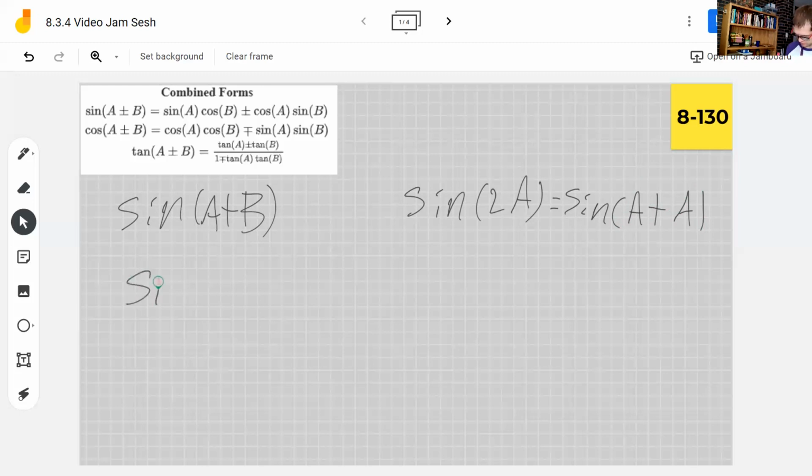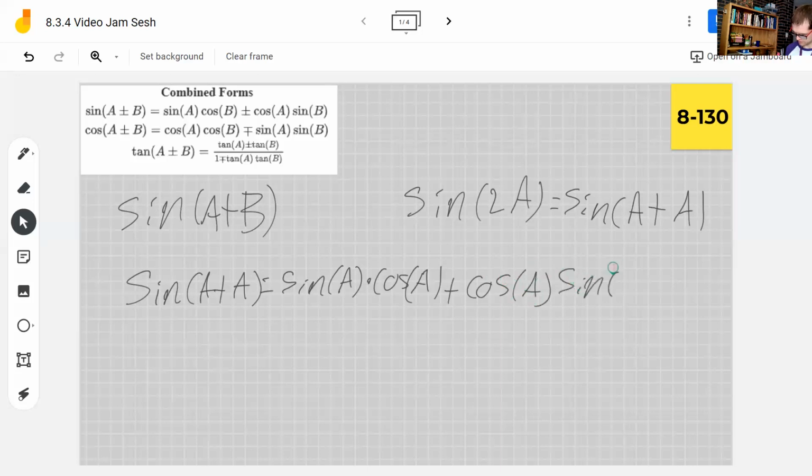So sine of A plus A equals sine of A times cosine of A plus cosine of A times sine of A. Which, let's be real, folks, we can simplify that. Those are literally the same thing there.